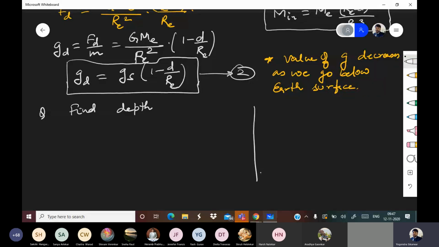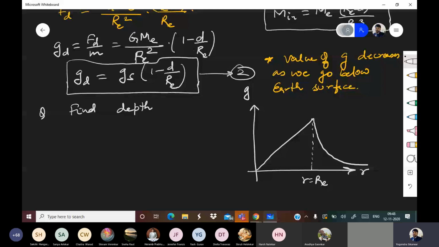If you want to see, the diagram will be like this. Like this.